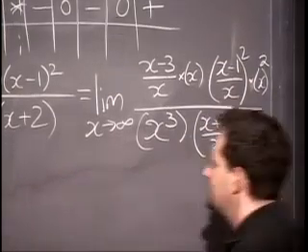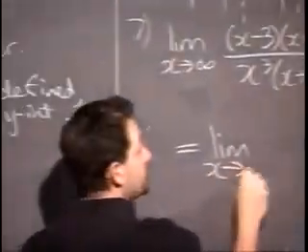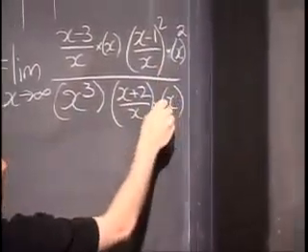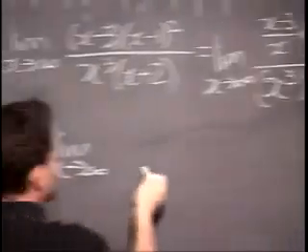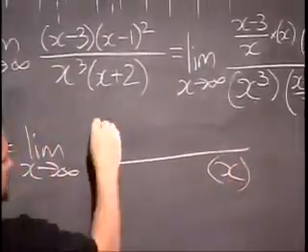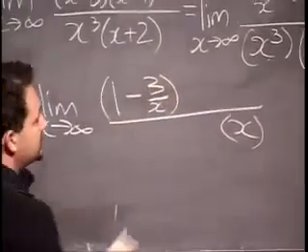And the point of doing these manipulations is that this x squared, this x, and this x cubed give me one factor of x on the bottom. All the rest of it is 1 plus or minus silly stuff.